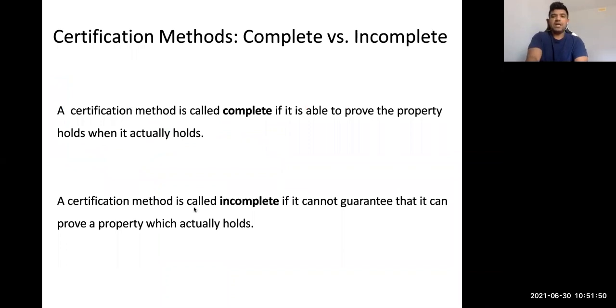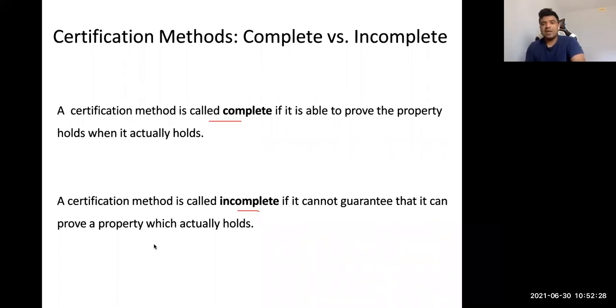Before going into that, there are these two terms we need to define. A certification method is called complete if it is able to prove the property holds when it actually does hold. It is called incomplete if it cannot guarantee that it can prove a property which actually holds.